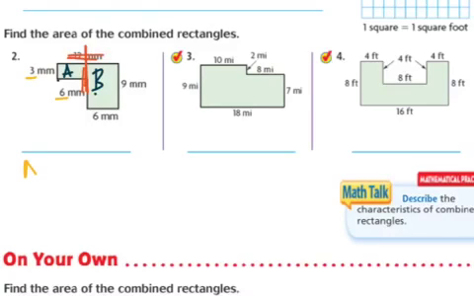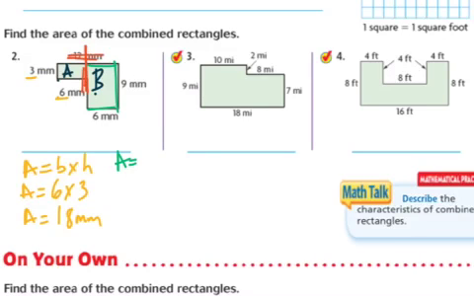So rectangle A is going to be in yellow, and my area is equal to base times height, always starting with my formula. Then I go on and plug in my numbers. My area is equal to, my base is 6, and my height is 3. My area is equal to 18 millimeters, and that's for rectangle A. Now I need to go on to rectangle B. Here's my rectangle B. Again, I start out with my area equals base times height.